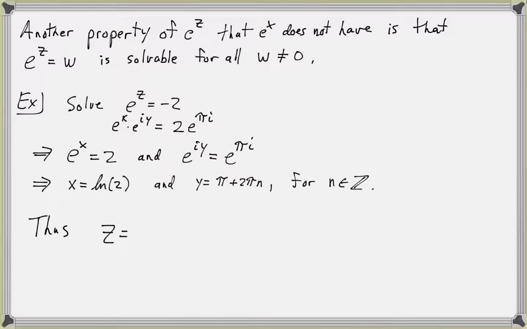So thus z equals the natural log of 2 plus i pi times, let me factor out a pi from pi plus 2 pi n, so I get 2n plus 1. So z equals the natural log of 2 plus i pi times 2n plus 1 for an integer n will satisfy the equation e to the z equals negative 2.